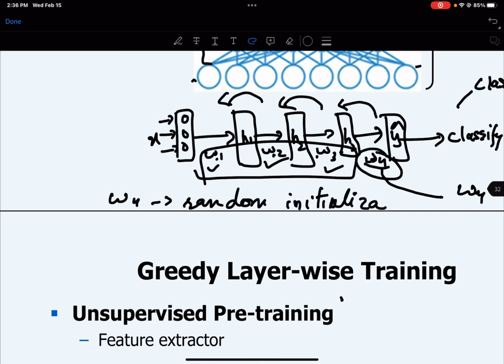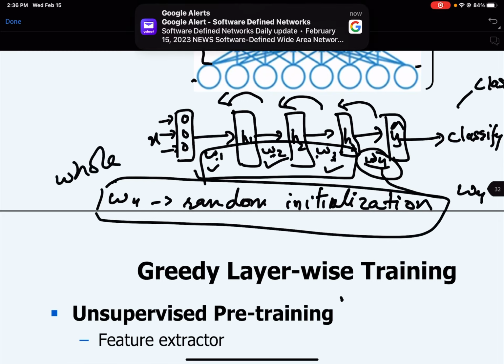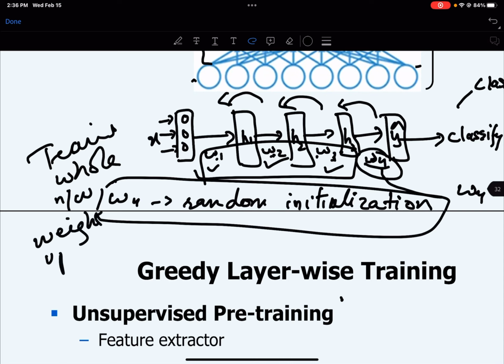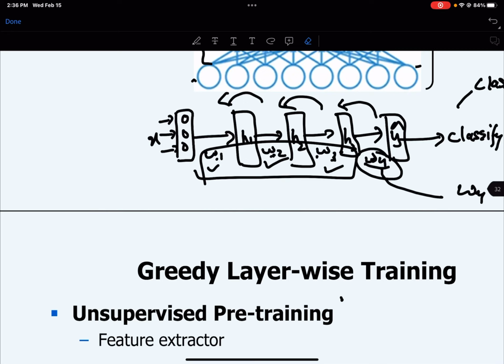But the advantage is that we already have these W1, W2, W3 pre-trained, and then train the whole network, which means update the weights. But we already have a good initialization. This is what we mean by a good initialization.